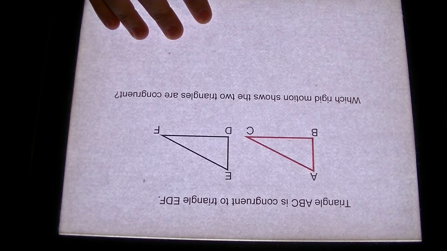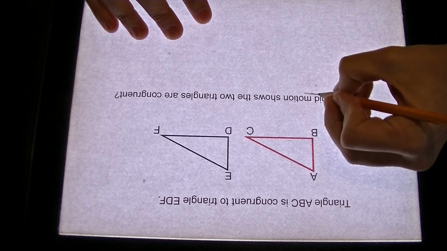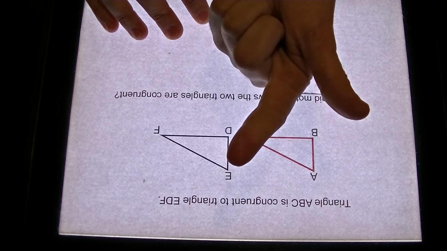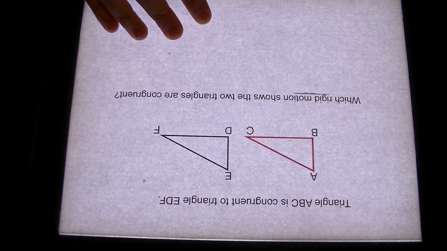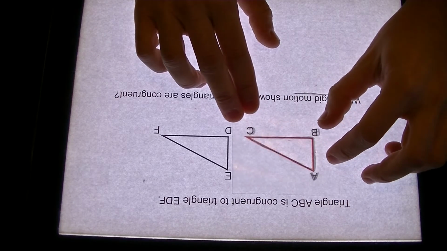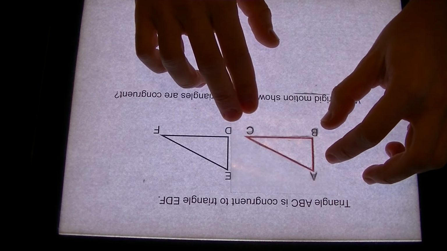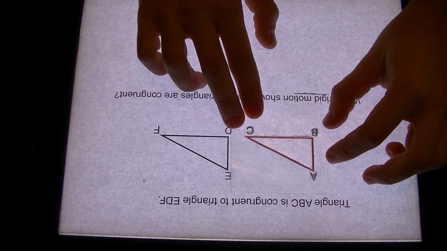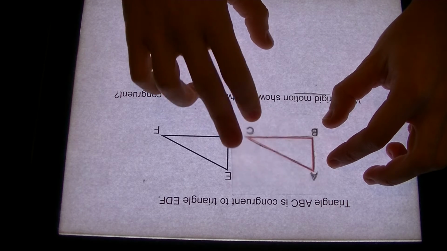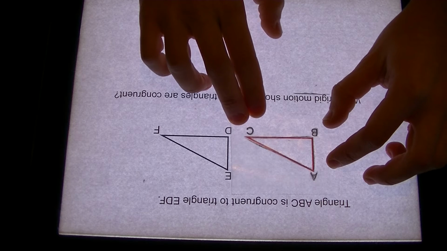Another way to check for congruence is to use rigid motions to show congruence. Now, we've already seen these three rigid motions. They are translation, reflection, and rotation. To show that triangle ABC is congruent to EDF, instead of measuring every single part, if I can show that a translation, reflection, or rotation can get me from triangle ABC to EDF, then I can prove that they are congruent.